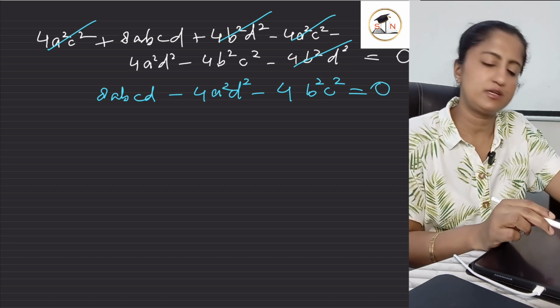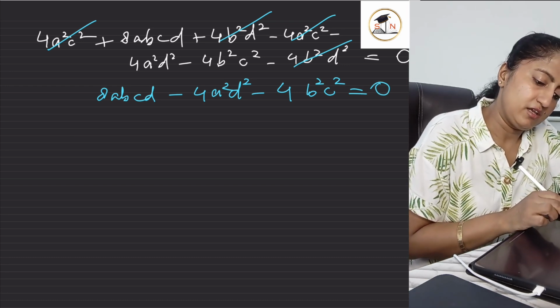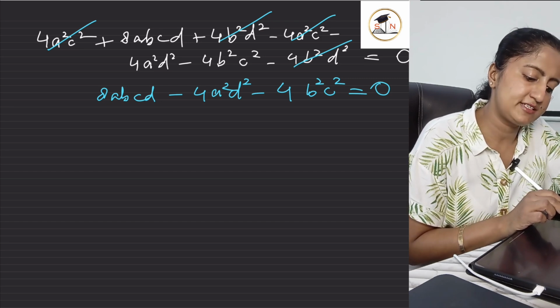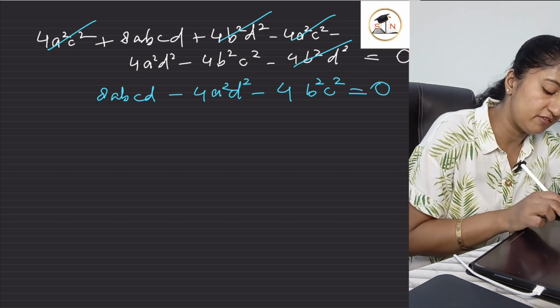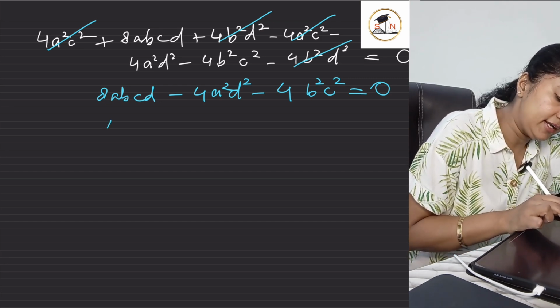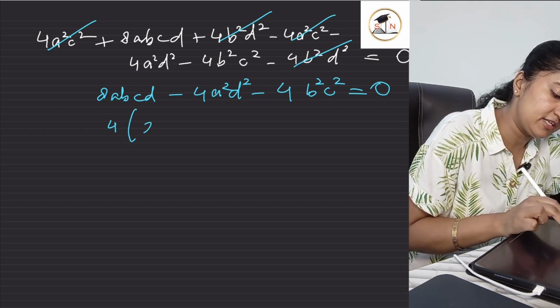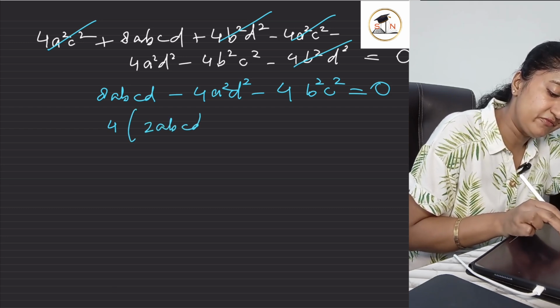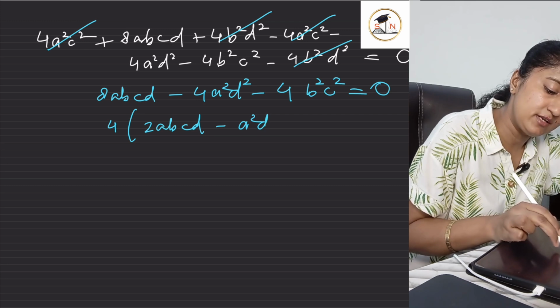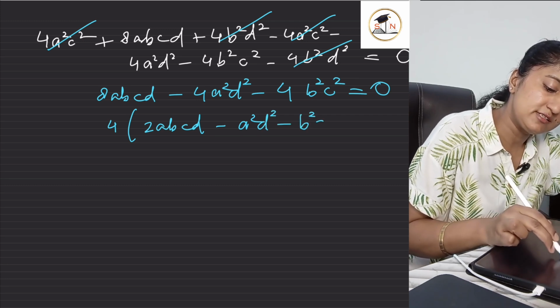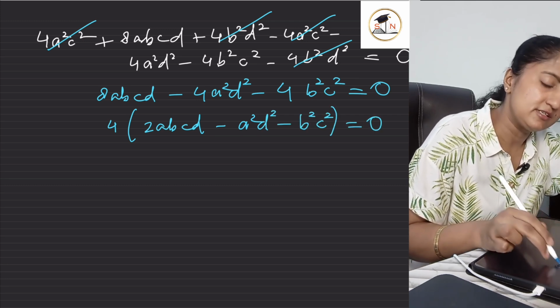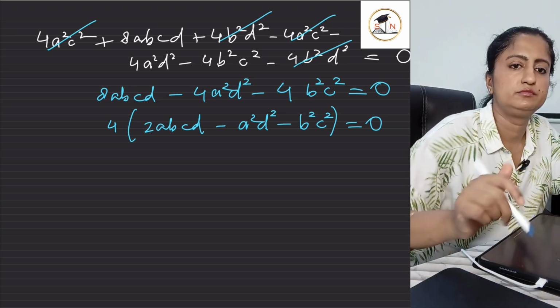We are just left with this one, right? Okay. Do we have anything in common except 4? No, we do not have. So what are we left with? I can take out 4 as a common factor, leaving us with 2abcd minus a square d square minus b square c square equals 0, right?